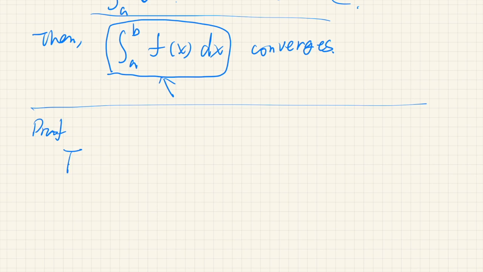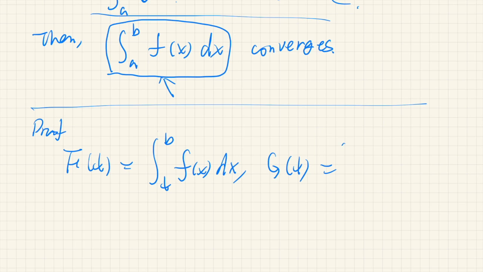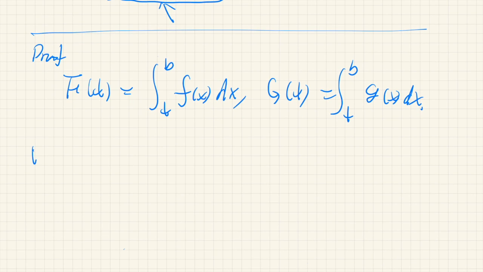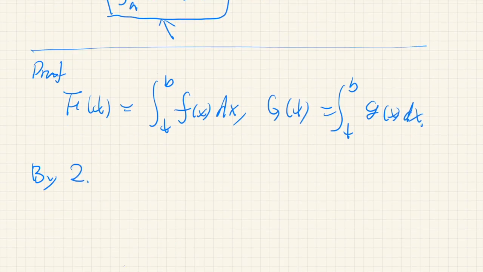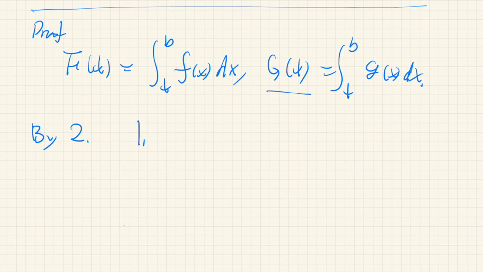First, let us define two functions: F of t as the integral from t to b of f of x, and G of t as the integral from t to b of g of x. By condition 2, this one converges, so the limit as t goes to a from the right of G of t exists.